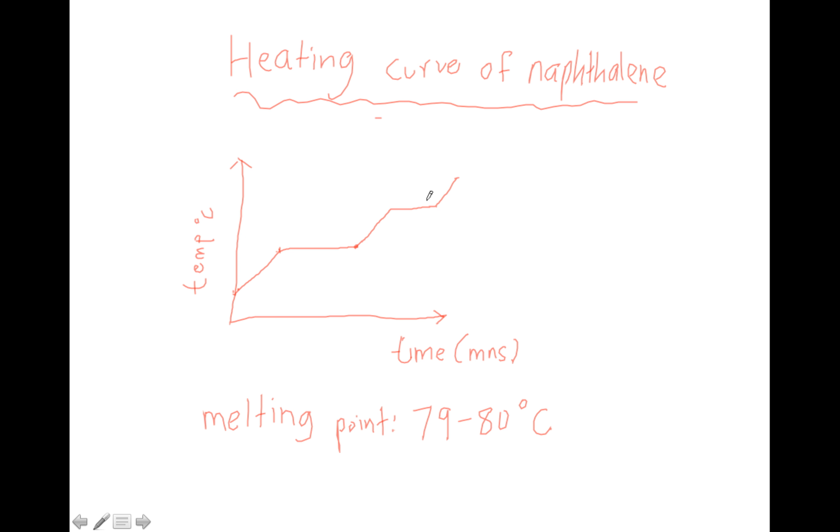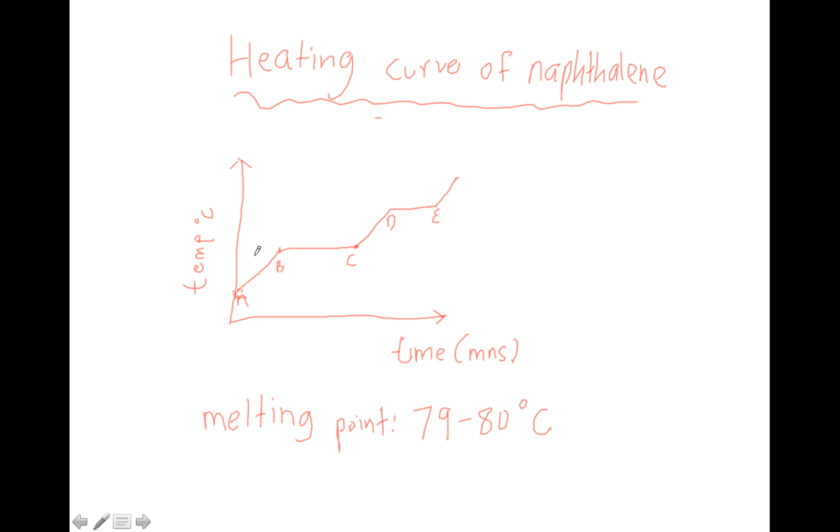Okay, so some of the questions that they like to ask on this is, what happens at certain points of the graph? So I'm going to call this point A, this point B, this point C, this point D, and the last one is going to be E. So what happens quickly from A to B?